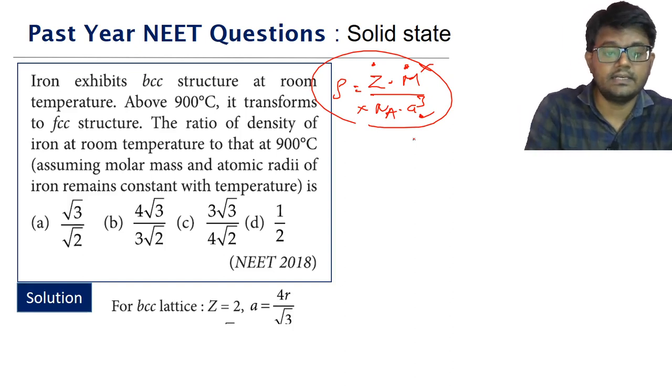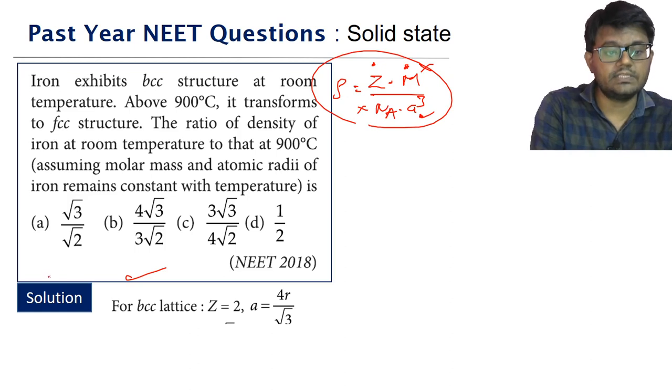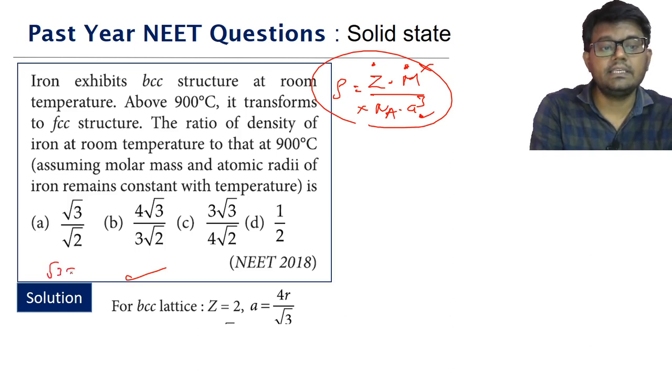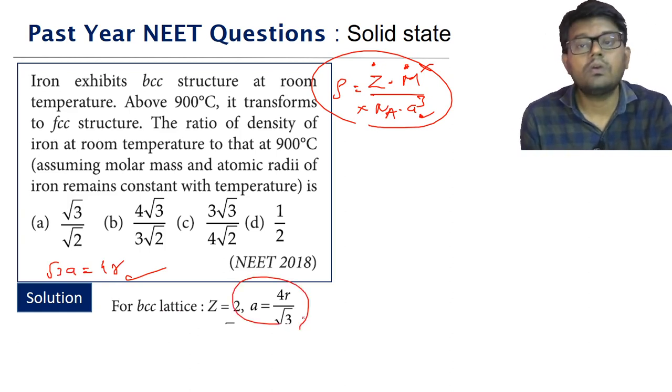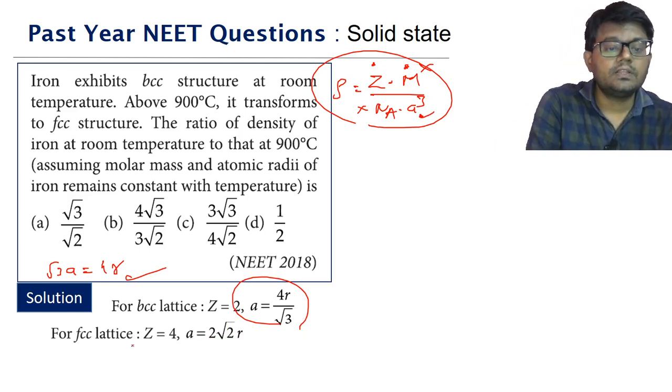What is the relation? If it's a BCC, the total body diagonal, which is root 3 A, will be equal to 4R. Means A will be equal to what? 4R by root 3. That is in case of BCC arrangement. If it is a FCC, the face diagonal root 2 A will be equal to 4R.